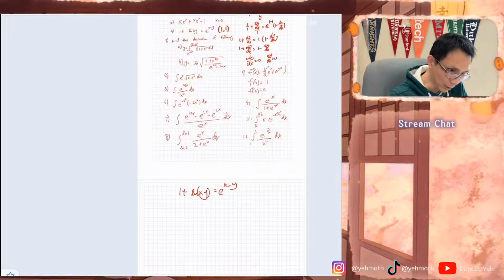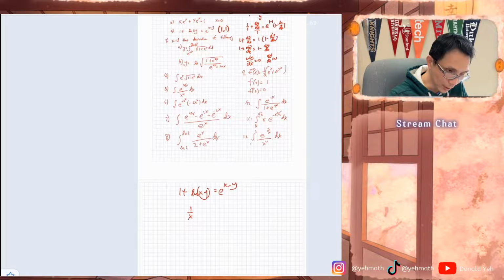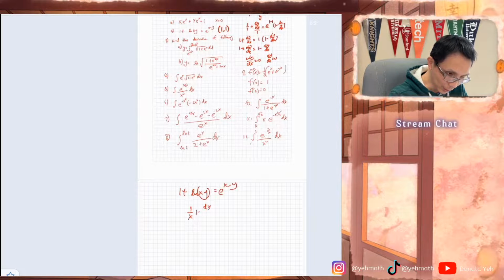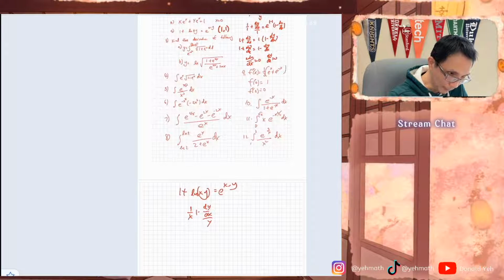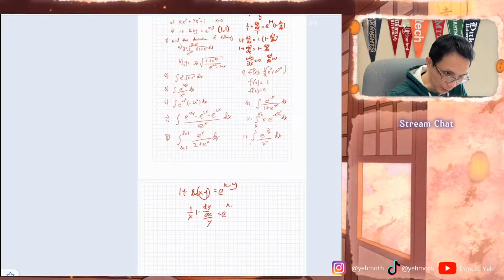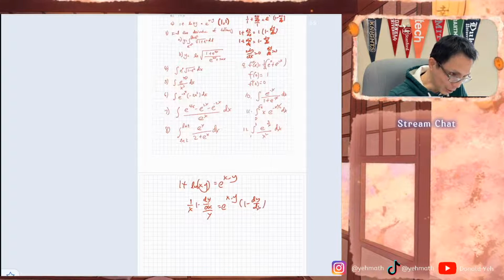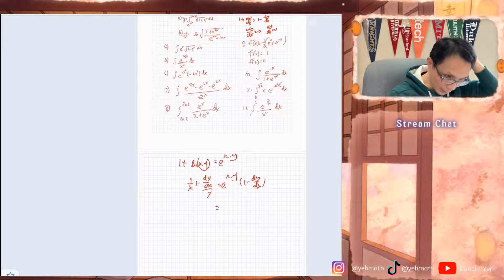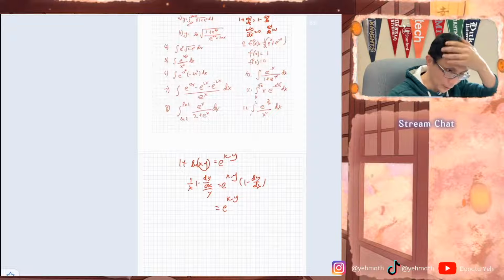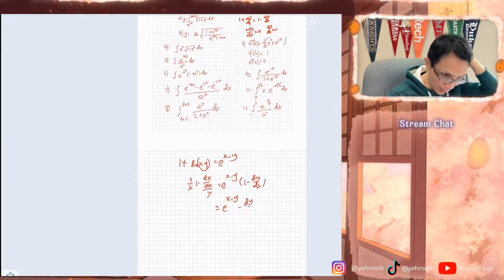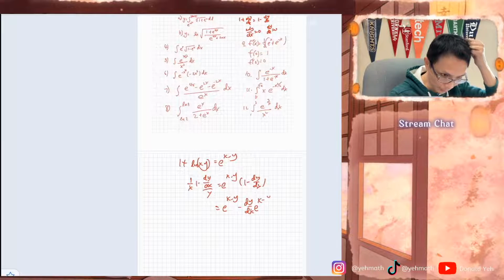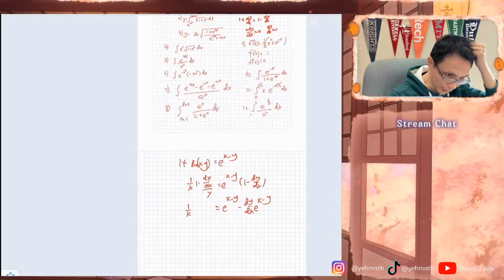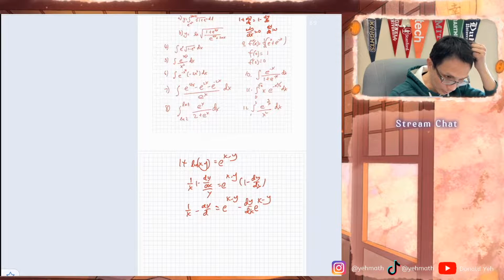If I choose to take a derivative, that's going to be 1 over x minus dy/dx, or plus dy/dx over y, equal to e to the x minus y times (1 minus dy/dx). Now I can choose to distribute this, and then I get e to the x minus y minus dy/dx over e to the x minus y, and 1 over x minus dy/dx over y.